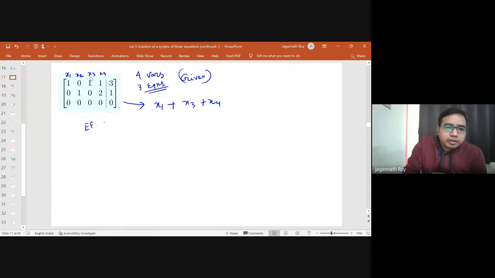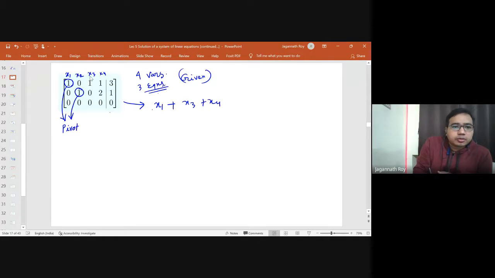Now try to find the pivot positions. What are the pivot positions? These two are pivot positions, right? Pivot elements, and they correspond to the first column and the second column.